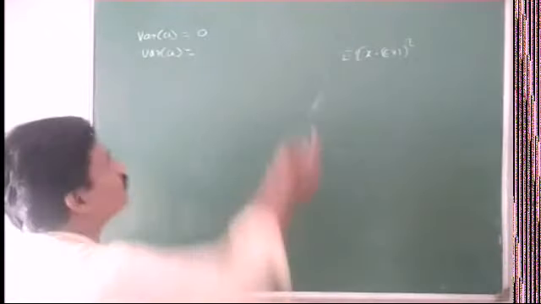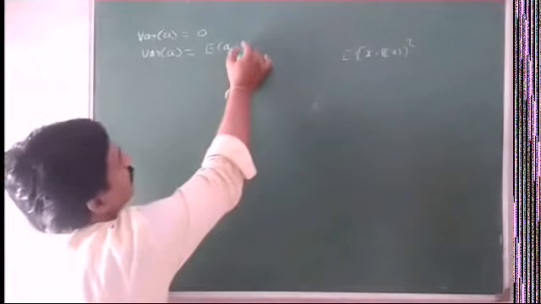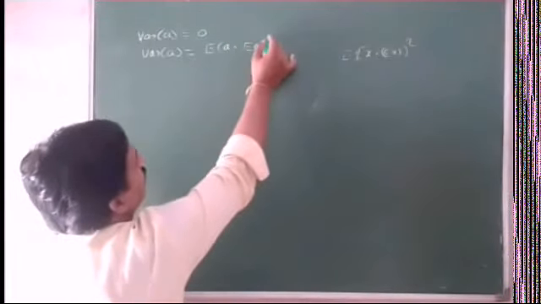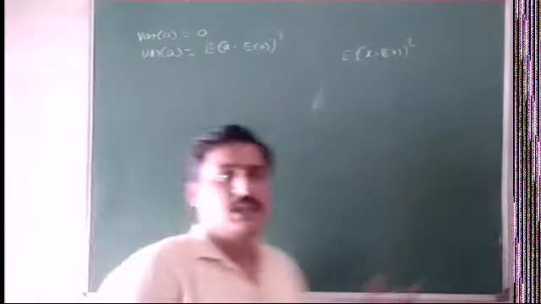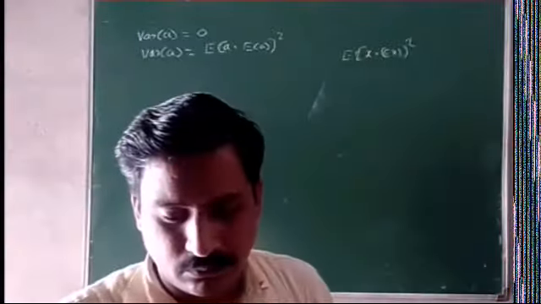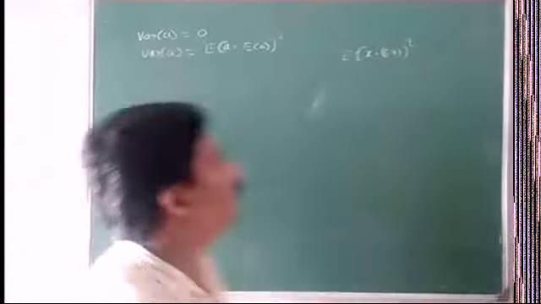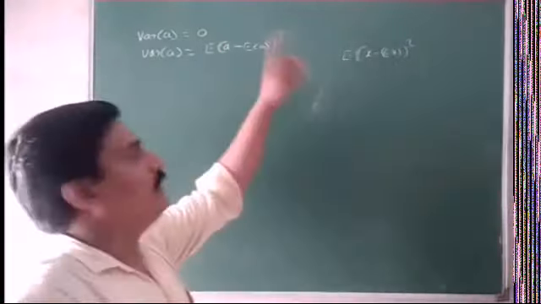A. So that becomes E of A minus E of A whole square. There is a minus here.